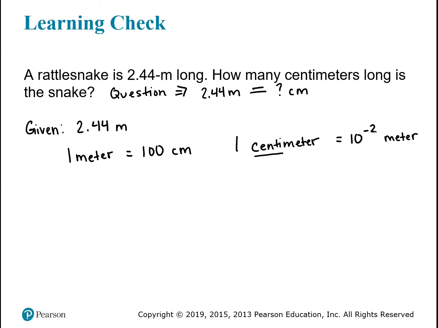So both of these equalities say the same thing. They describe the same relationship. It's just different numbers describing it. So we can say 1 meter is equal to 100 centimeters, or we can say 1 centimeter is 10 to the minus 2 meters. I will show you both ways, and we'll still get the same exact answer.